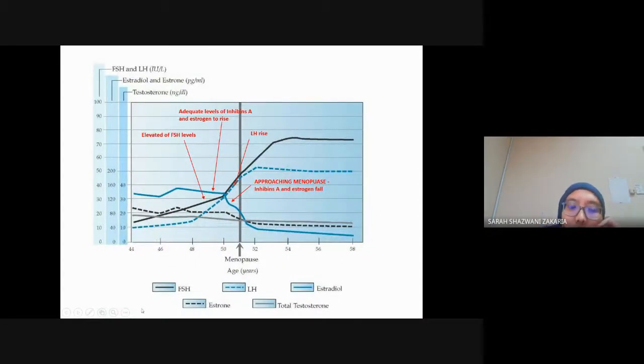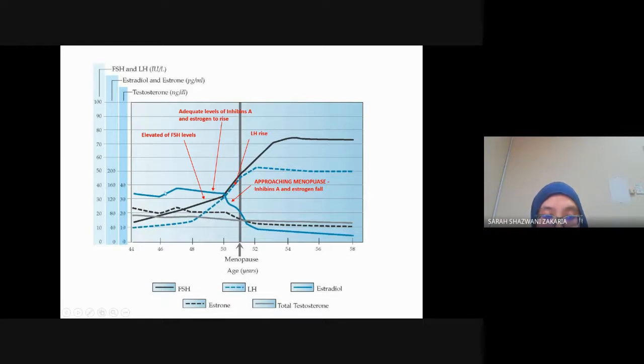This graph is also about the menopause event. These are the years 44, 45, 46. In older women, you can see the estradiol, a declining pattern of estrogen secretion and concentration.